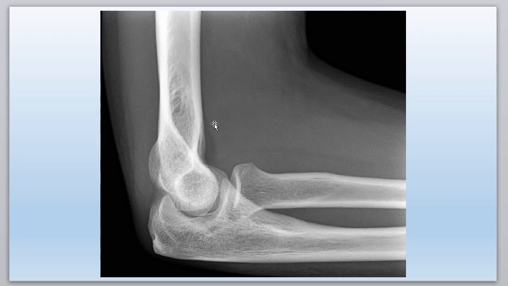Some call this the sail sign because they think it looks like the sail of a sailboat, or the spinnaker sign. Spinnakers are those big balloon-like sails. So fat pad sign is not a good thing. If this patient came in with a fat pad sign and you couldn't see it on your x-rays, I would refer them to the ER just to be safe. There's another one that can pop up here in the back, posterior fat pad sign, which we don't have here really. That's 90%.